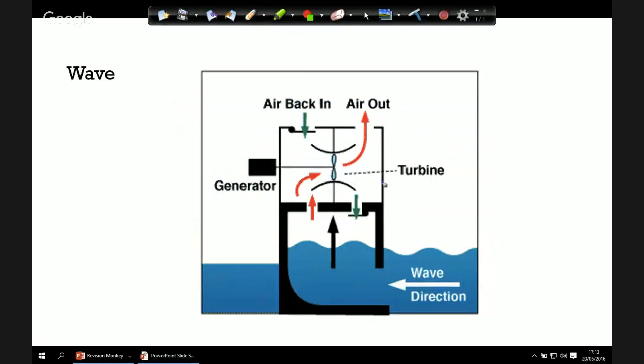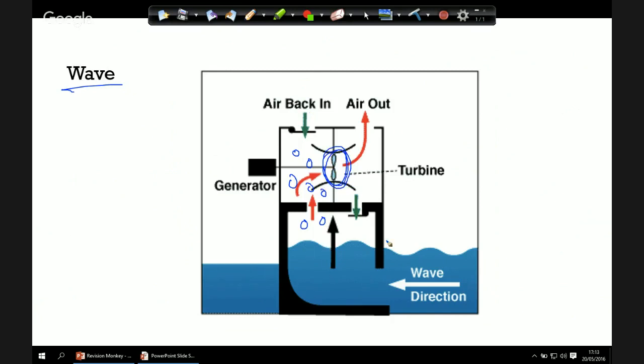Now, what normally happens in a wave machine is that the water goes up and down into a chamber and it compresses or squashes air. So as you can see here, the wave went up into this chamber, all the air particles in here would be squashed together, and this would turn the turbine. So just bear that in mind.